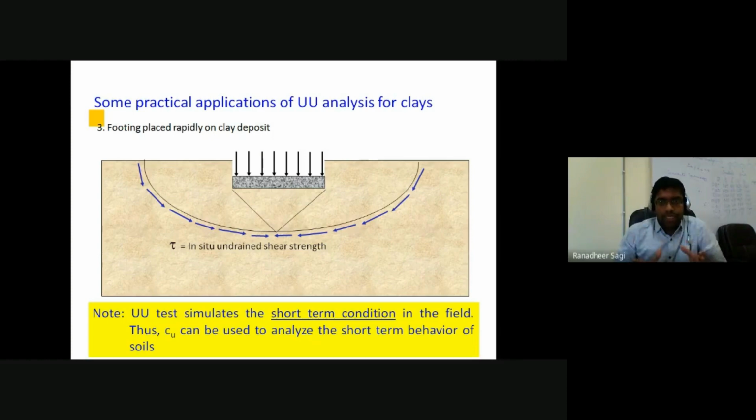In the initial period, maybe the starting months or the starting couple of years, you might see the soil mostly in an undrained state. But as time increases, because of the applied stress on the soil, the excess pore water pressure slowly starts getting dissipated out of the soil.